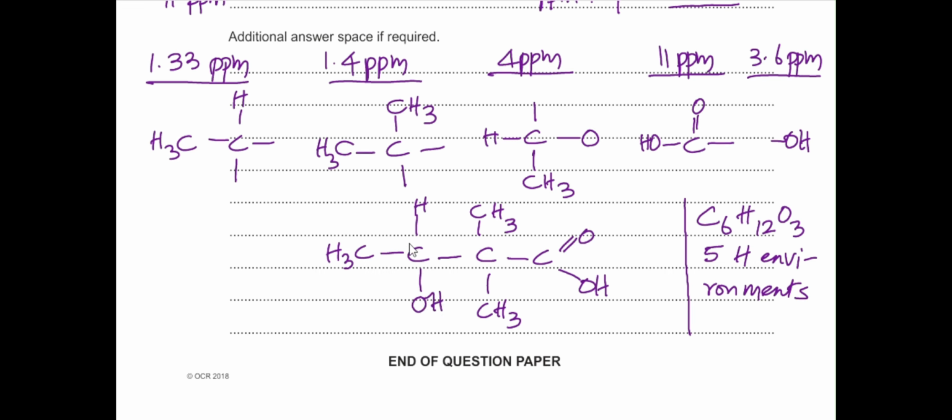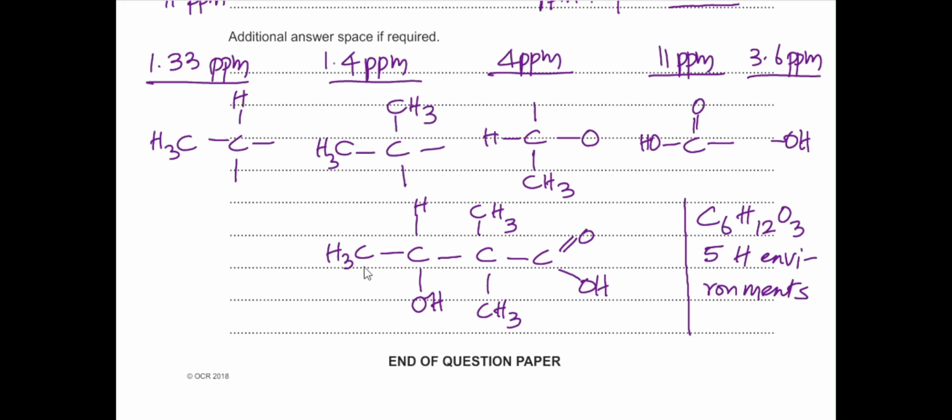Now let us review our structure. First, the molecular formula: 1, 2, 3, 4, 5, 6 carbon atoms, that's fine. Then 3, 4, 5 plus 6, 11 plus 1, 12 hydrogen atoms, that's also fine. 1, 2, 3 oxygen atoms, fantastic. Now let us count the hydrogen environments.